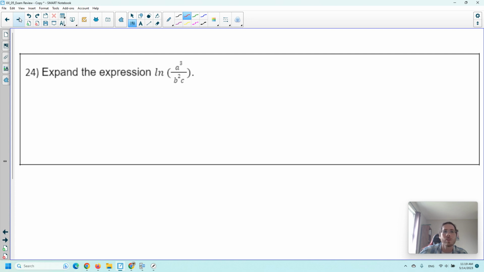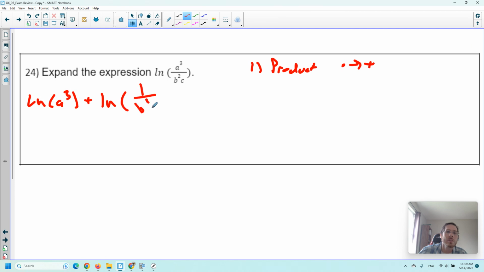24, expand the expression. We're just going to use our rules. So rule number 1, multiply is going to turn into addition. We're using the product rule. So this is going to become ln of a to the third plus ln of 1 over b squared c.